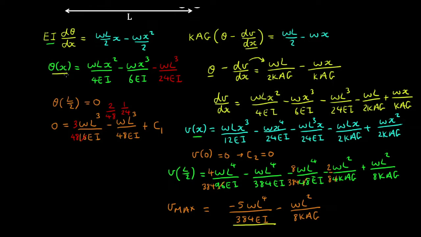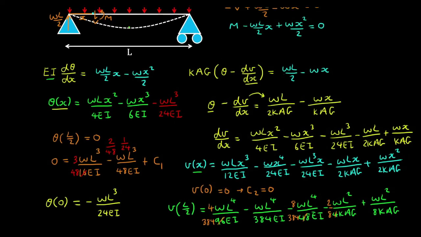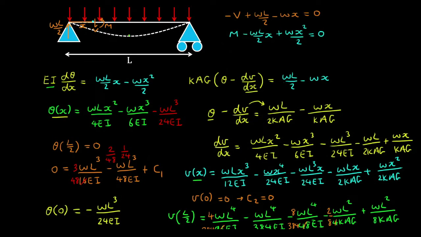Now the maximum rotation occurs at the support, or x equals 0. So therefore, substituting x equals 0, we obtain minus WL cubed on 24 EI. And as we can see, because we got a negative result, that's a negative bending rotation.